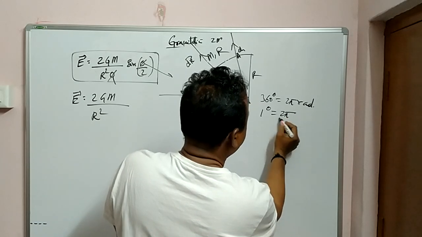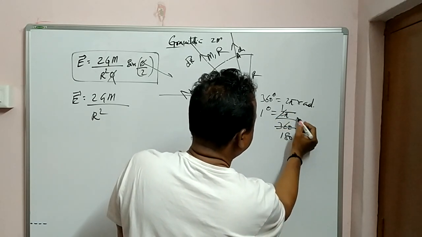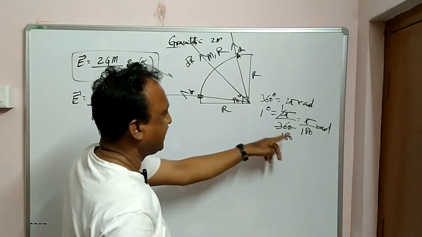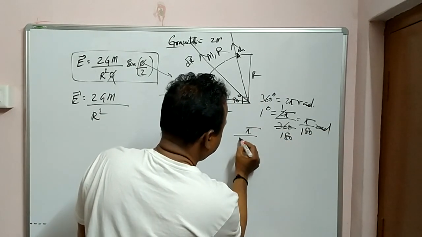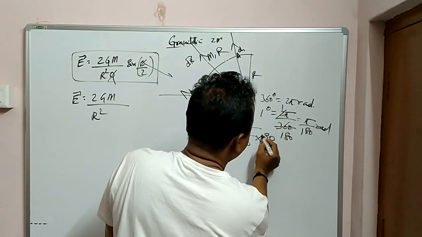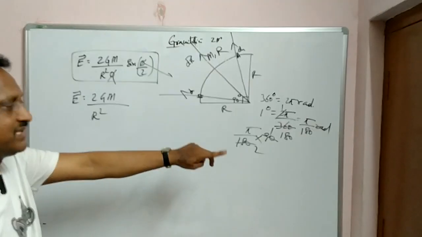By the unitary method, 2 pi by 360, that is pi by 180 radians. So 1 degree is pi by 180 radians. So for 90 degrees, how many? Into 90, 9 ones are 9, so it comes to pi by 2 radians. Like this you have to convert.